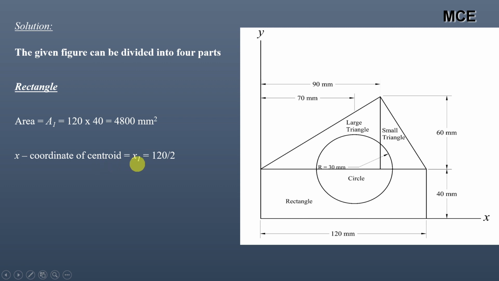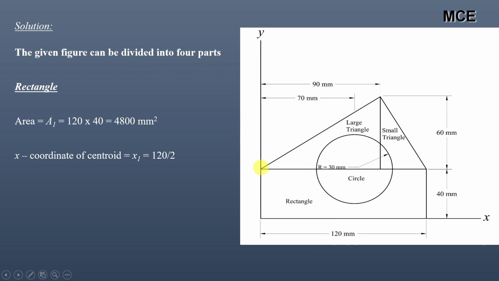So x coordinate of the centroid of this rectangle, this is the centroid of this rectangle, and you know that the centroid of the rectangle is half of the length or half of the width or the height. So for this rectangle, if you are measuring the x coordinate of the centroid, it will be at a distance of half of the width from the y axis.